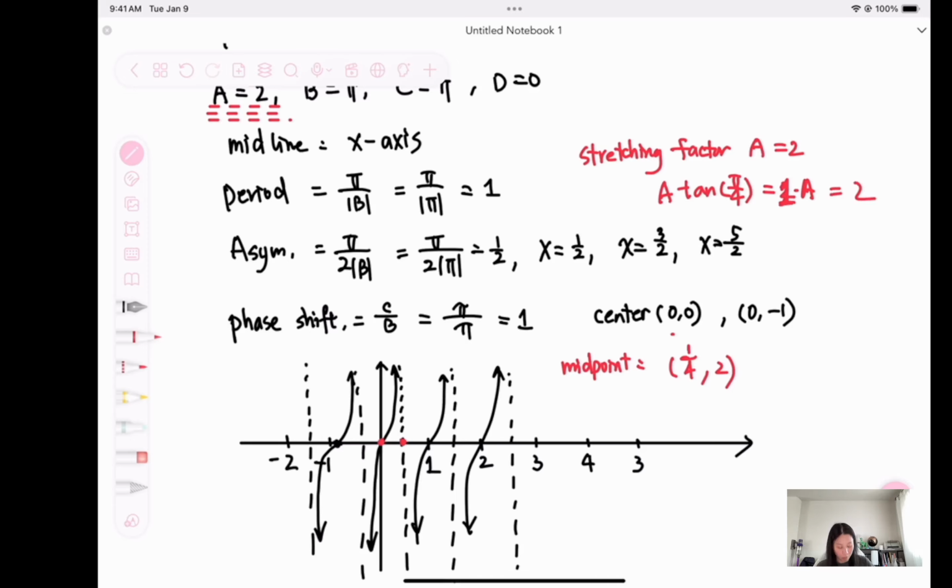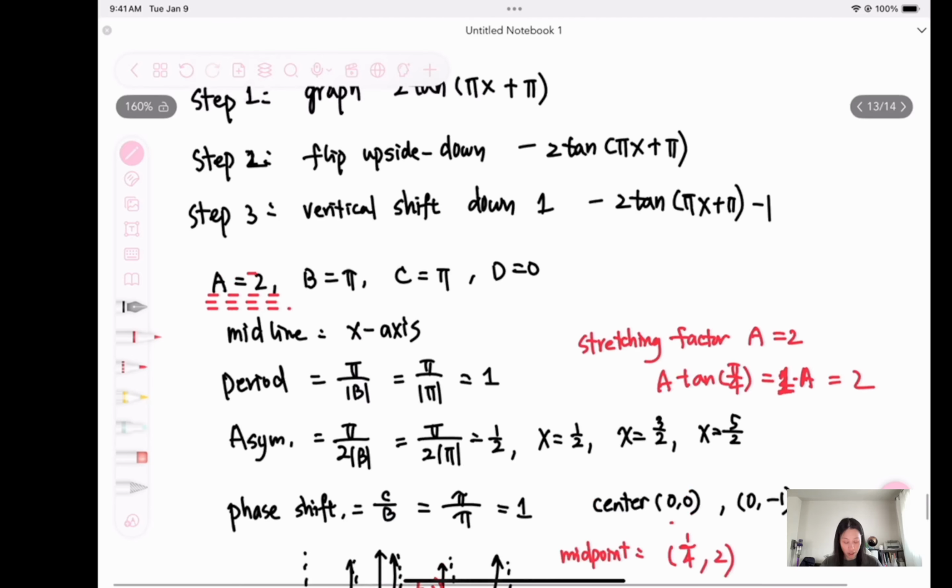So that means the midpoint, we label it in here, which is 1/4 and 2. Okay, so that's it for this graph. We finished step 1.